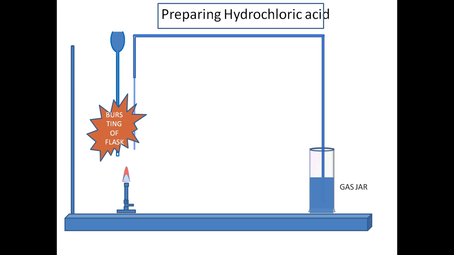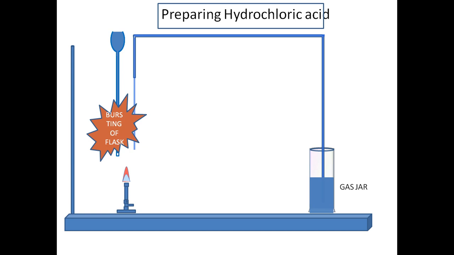Because of this back suction phenomenon, the water has entered from the gas jar in which the hydrogen chloride gas was supposed to be mixed to get converted into hydrochloric acid, but unfortunately the water rose up in the delivery tube and it entered into the round bottom flask, and the round bottom flask got exploded.